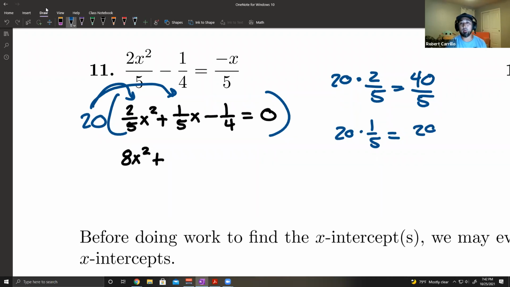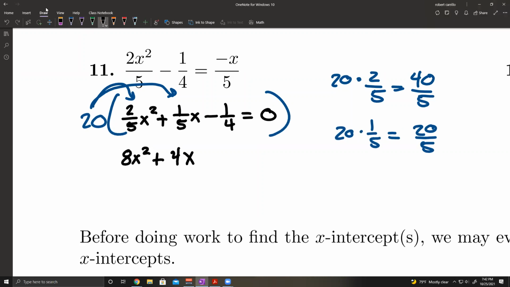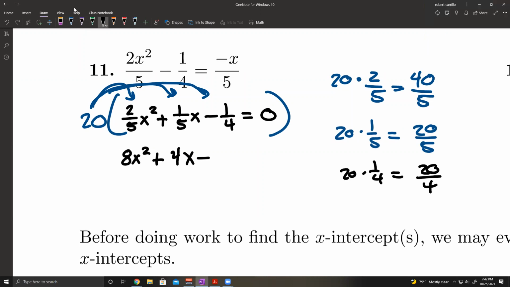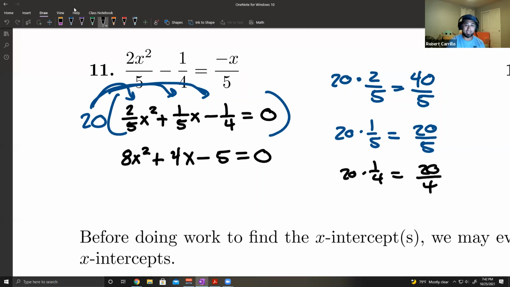That gives me 20 over 5. What is 20 over 5? 4x minus, and then 20 times 1/4. That gives me 20/4. And what's 20/4? 5. Woo.